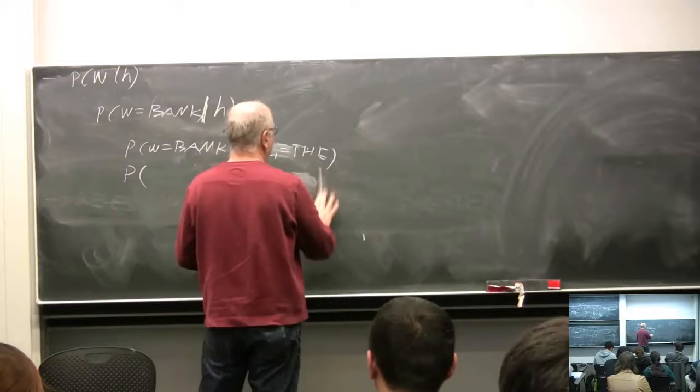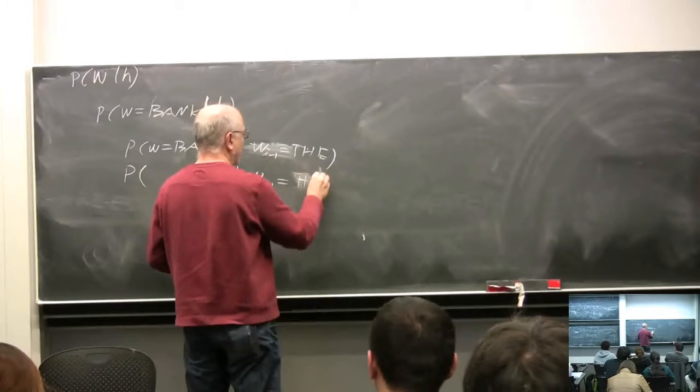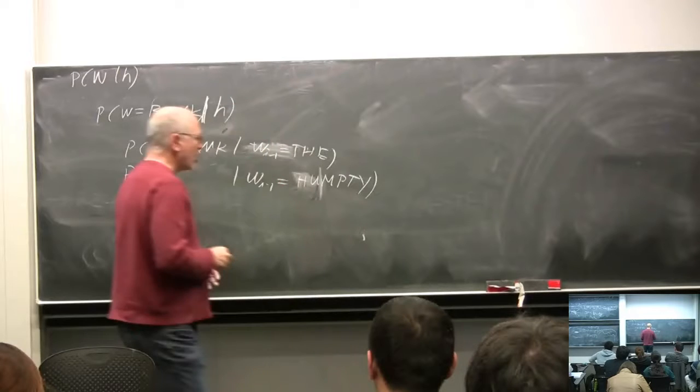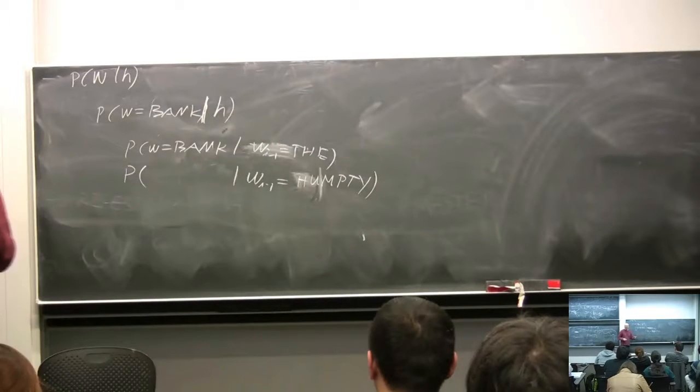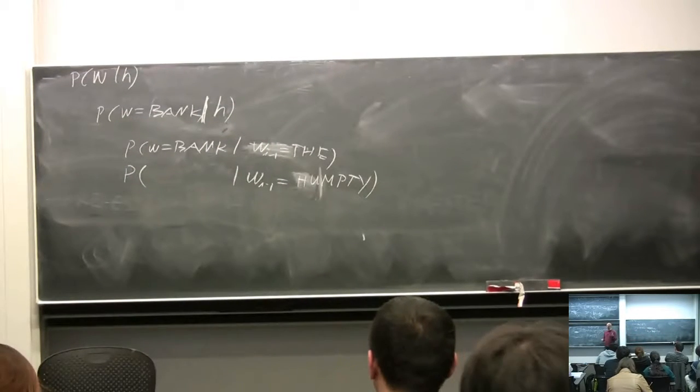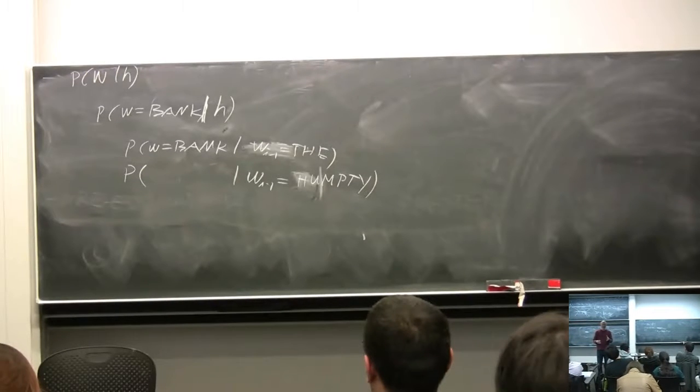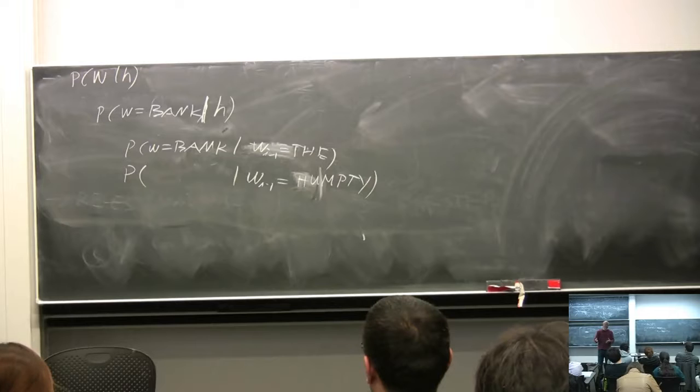Humpty? Okay, Humpty is good. So what I'm after here is a very strong syntactic constraint. It's not likely that after Humpty you will have the word bank. But after the, you may very well have the word bank.